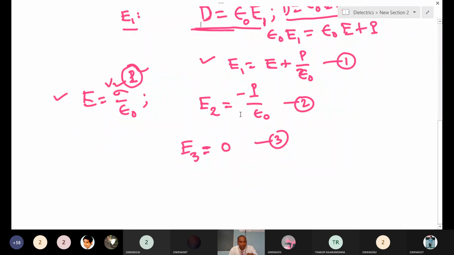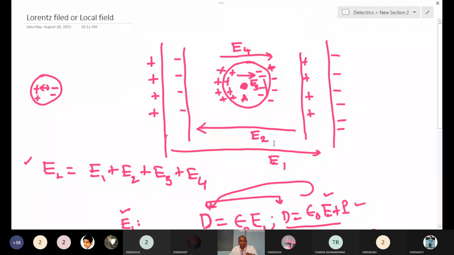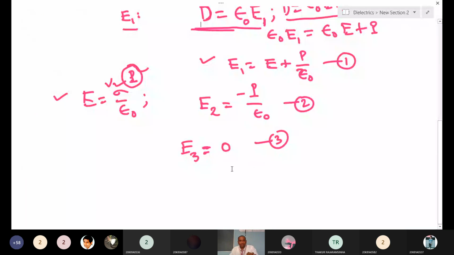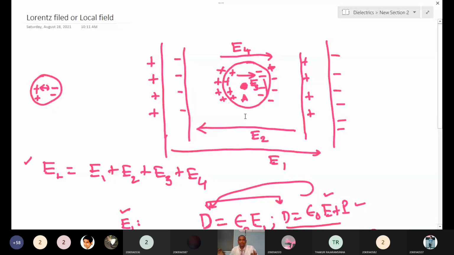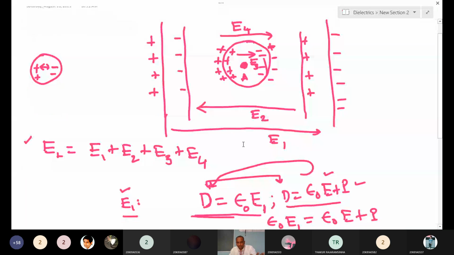In case of dielectrics, this is the electric field formula: P by epsilon with a minus sign. Why? Because it is in the reverse direction. All of E1, E3, E4 are left to right; only E2 is right to left, that's why we are taking minus. And for E3, in an atom equally charges are induced. Suppose 10 plus charges means 10 negative charges, so the total net field will be equal and opposite, that means 0.